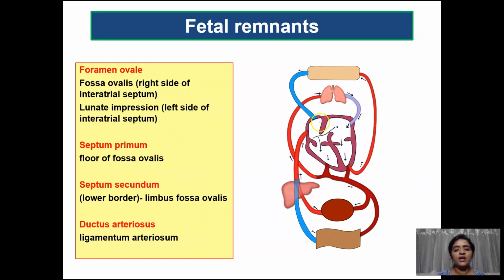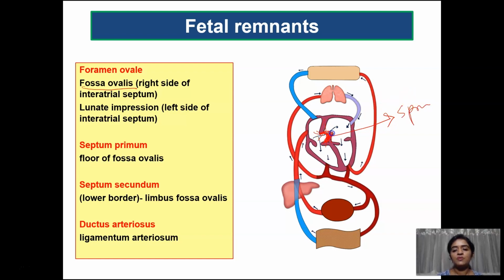Now what happens to the foramen ovale? The foramen ovale will be seen as a depression when you look from the right atrium. This depression, when you look from the right side onto the interatrial septum, is known as the fossa ovalis. This depression is caused by the septum primum.